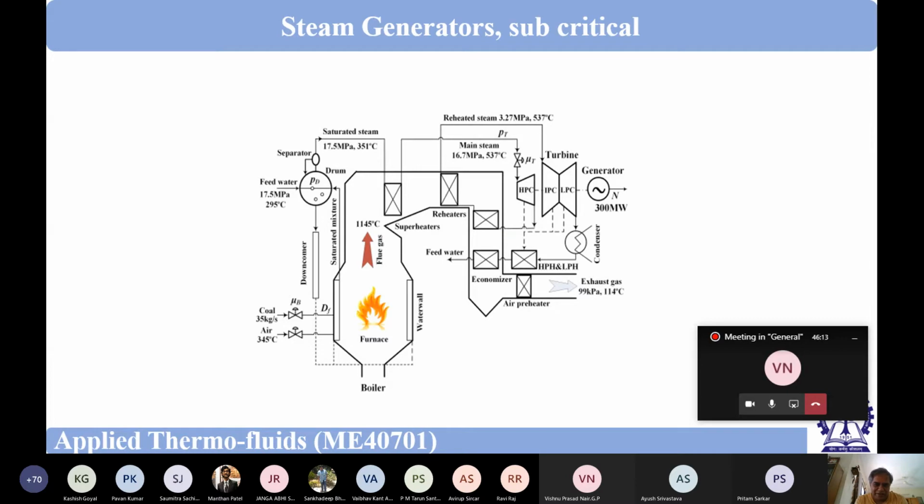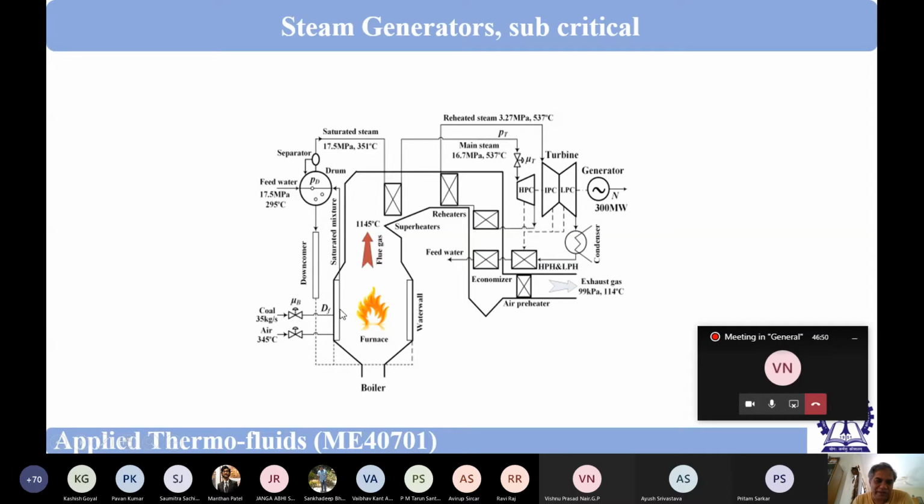Let us spend some time on this figure because though this is schematic, as most of the figures which I will show are, they contain the main features. Here you see air and coal is coming. There will be nozzles, and this is basically the furnace part of the boiler. This is some sort of sectional view, but this is a rectangular box.